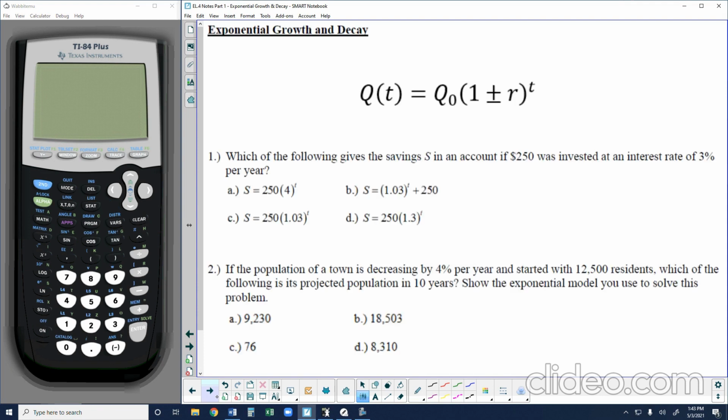And so what we're going to start with is an equation. So this equation here works for the majority of exponential growth and decay situations. As we break this down, Q of t is going to stand for the quantity over time. So this is going to give us a function where quantity is in respect to time. Q sub 0 is going to be the initial quantity or the initial amount.